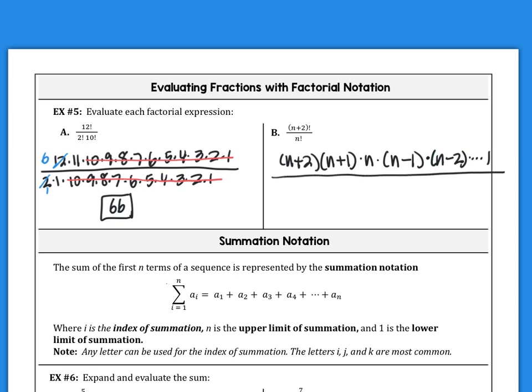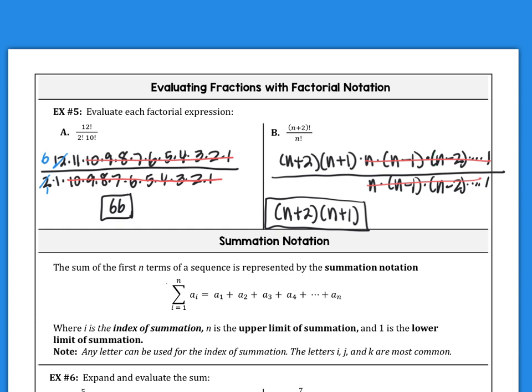On the bottom, we have n times 1 less, times 1 less, times all the way down to 1. So notice that all of these will cancel. So what is left? Just n plus 2 times n plus 1. And you could multiply that out if you wanted to, but we don't need to.